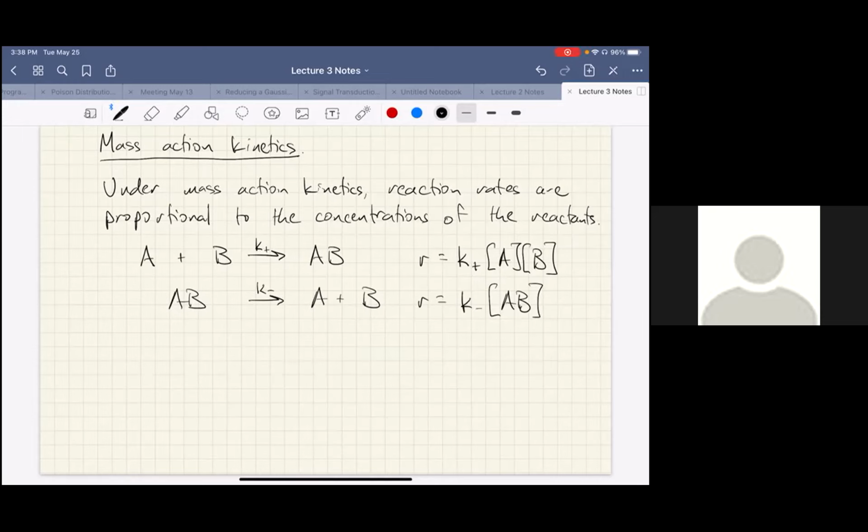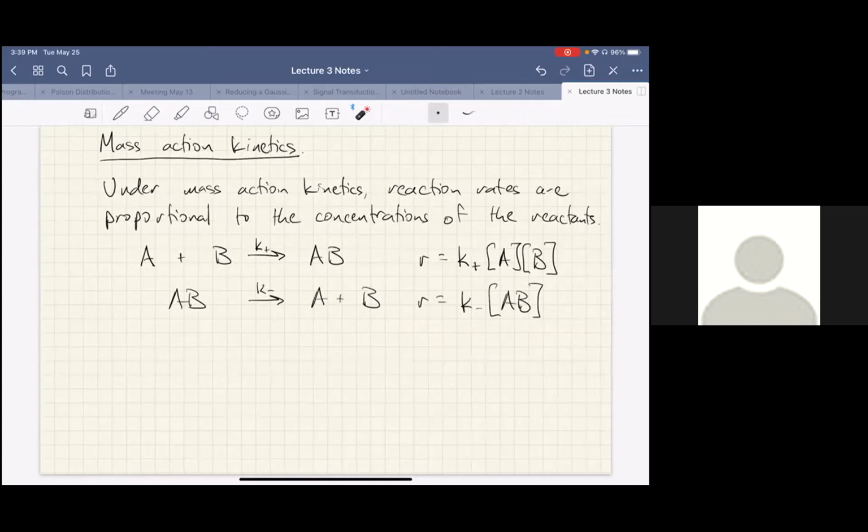So now we are starting to form the basis of mathematical analysis of chemical reactions. The most important thing that we're going to think about is how these reaction rates can be used to form differential equations.